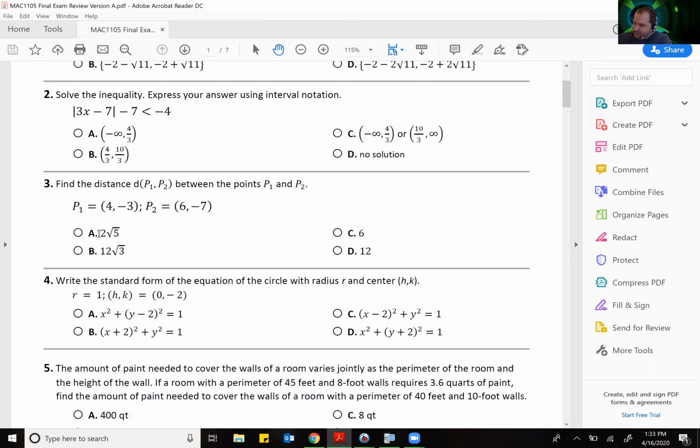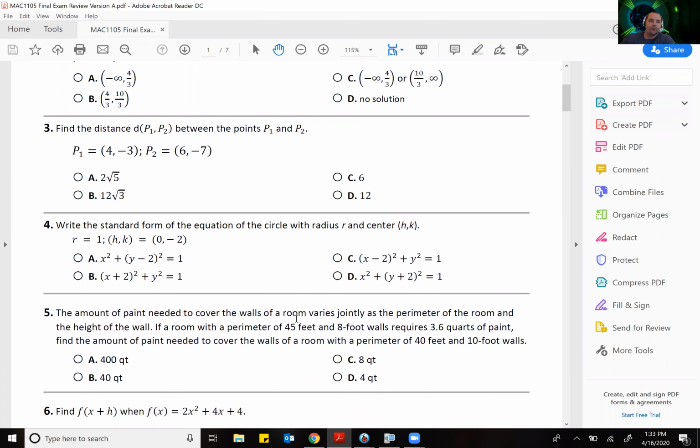So let's jump into question number 4. Question number 4 says, write the standard form of the equation of a circle with a radius r and a center hk. So this right here is coming from 2.4.